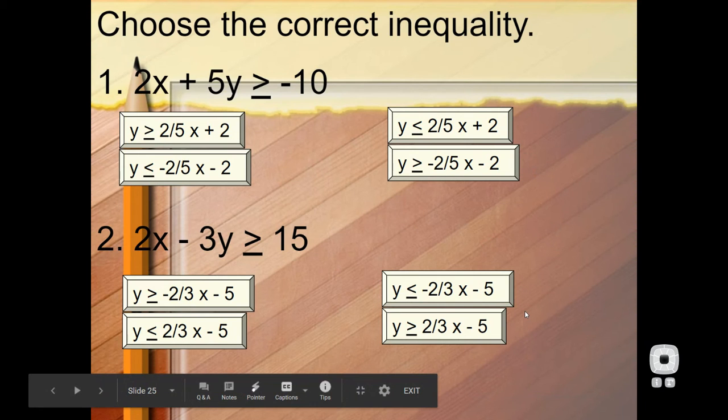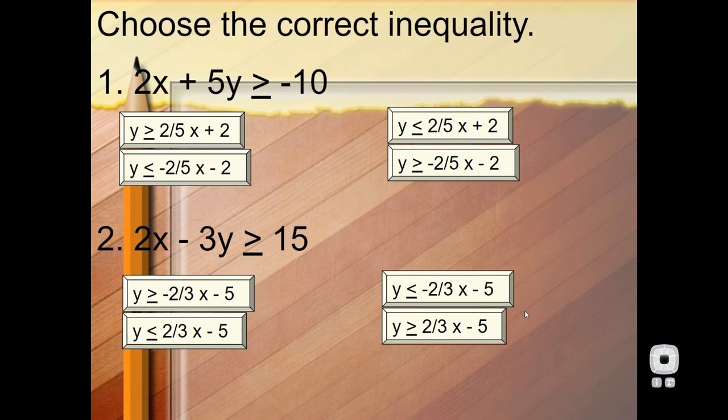Write these two down, please. Number 1: 2x plus 5y is greater than or equal to negative 10. Let's solve these for y.